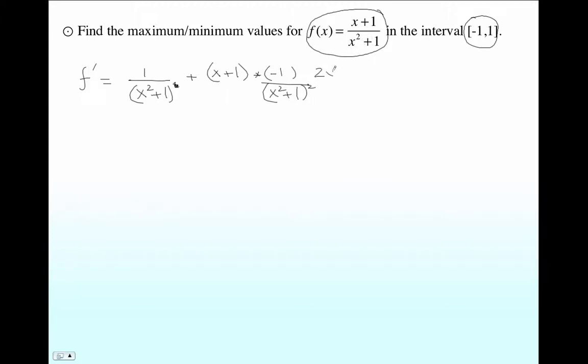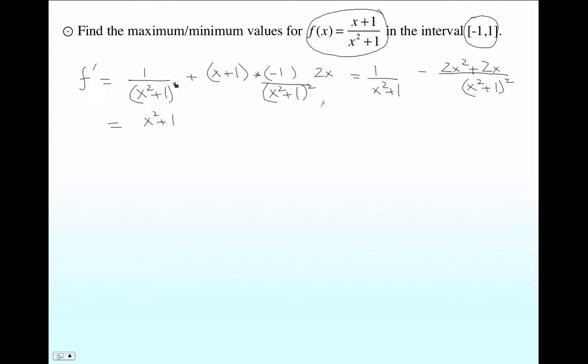And then I have to differentiate x squared plus 1, I get 2x. And so this thing is 1 over x squared plus 1. And then here I have minus 2x squared plus 2x divided by x squared plus 1 squared. And now one small further simplification.